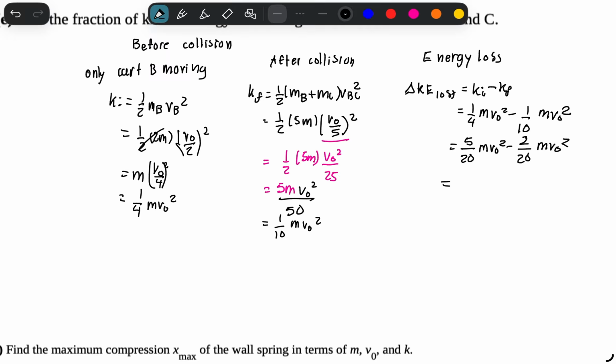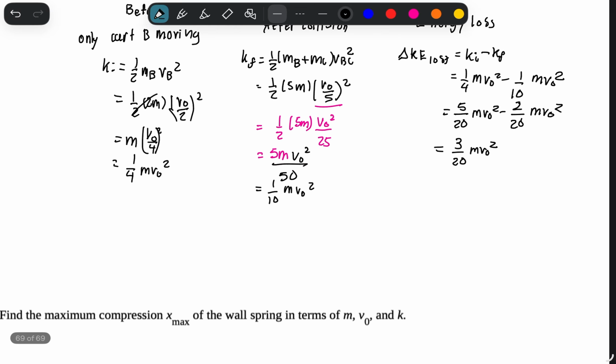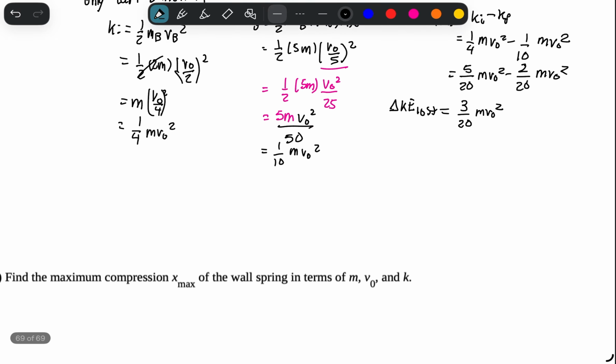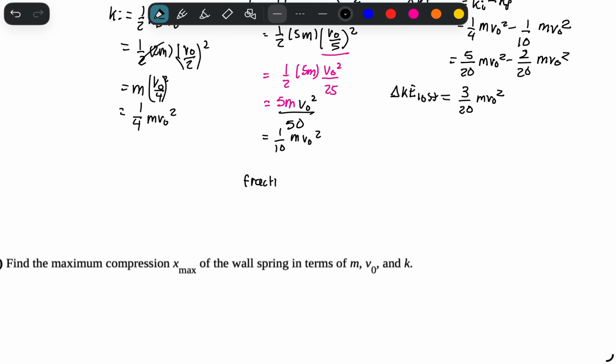So you can subtract those and you get 3/20 m v initial squared is the change in kinetic energy that we lost. So then in order to find the fraction that we lost, you take the difference, which was your delta K, and then you divide that by your initial. So that was 3/20 m v initial squared divided by 1/4 m v initial squared.